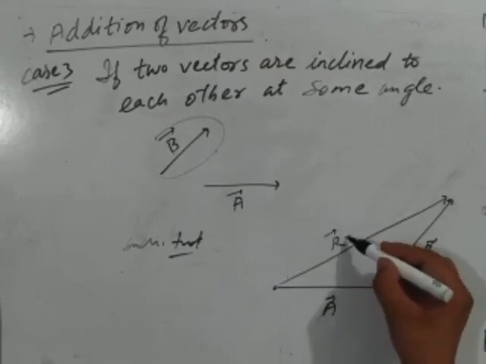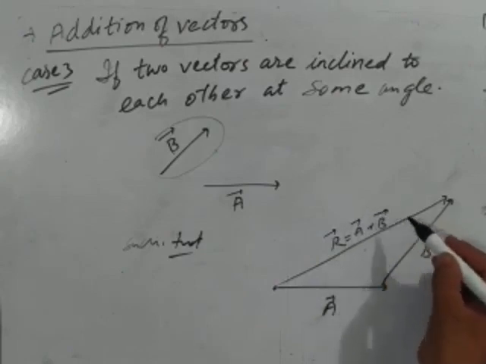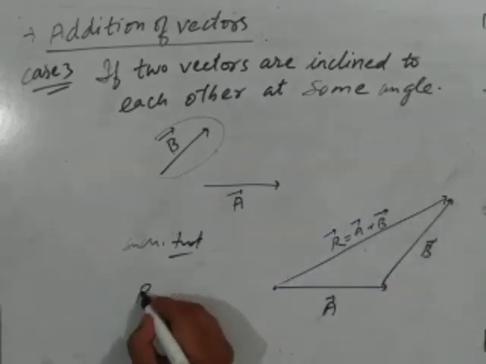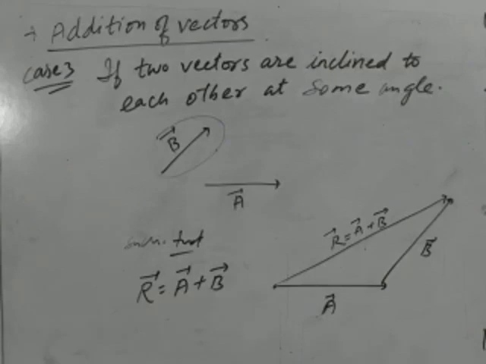So R vector equals A vector plus B vector, that is a vector joining from the tail of A vector to the tip of B vector.